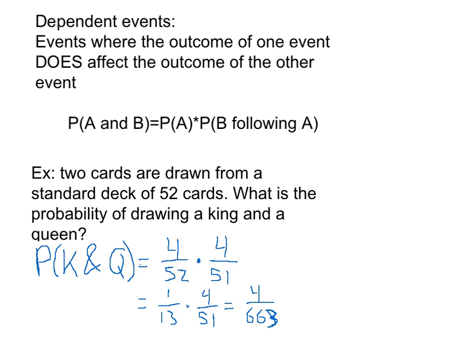So that's my fraction, and again, for probability, I either write it as a fraction, a decimal, or a percentage. This is a very small decimal, 0.00603. I've rounded a little bit there.